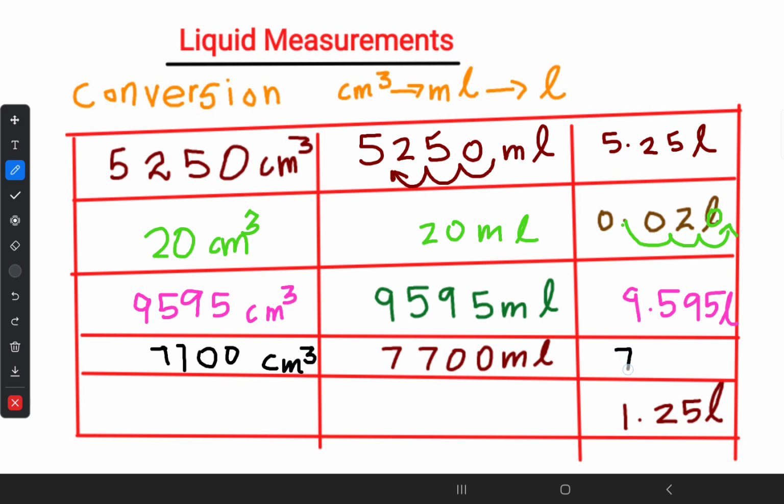In liters, 7.7 liters. Instead of this, you can write 7.70 liters. Both are correct. 1.25 liters means 1250 milliliters. In cubic centimeters, 1250 cubic centimeters.